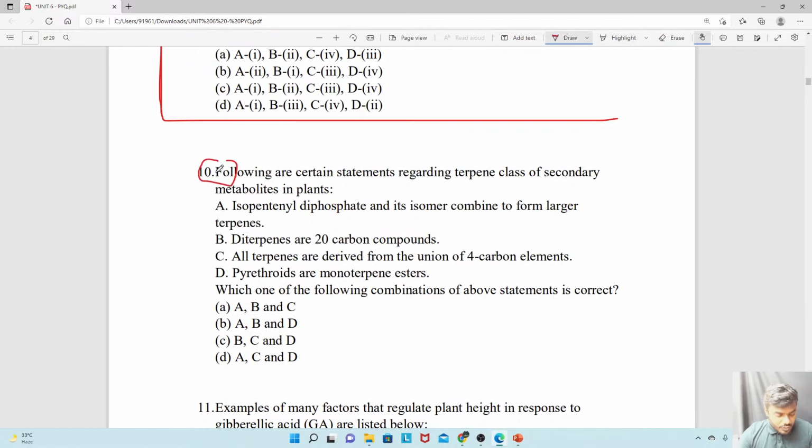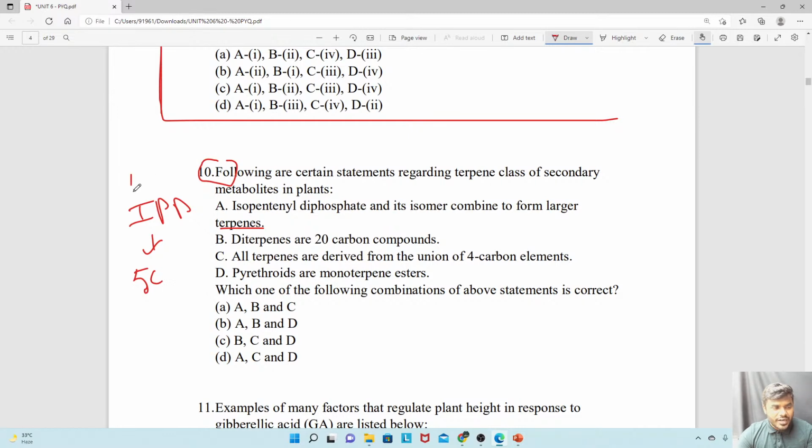Friends, look into the question. The question says that following are certain statements regarding terpene class of secondary metabolites. Isopentenyl diphosphate and its isomer combined to form a terpene. Of course, true, right? IPP. IPP is what carbon? 5 carbon.